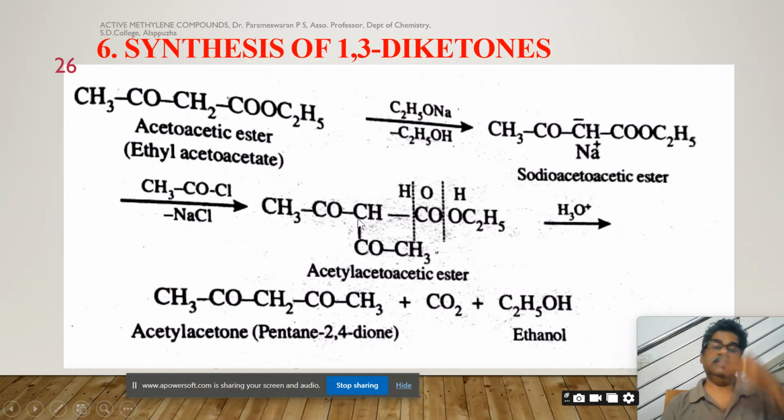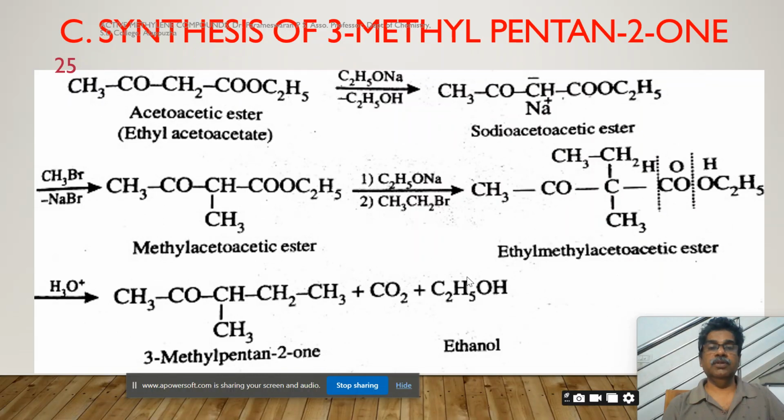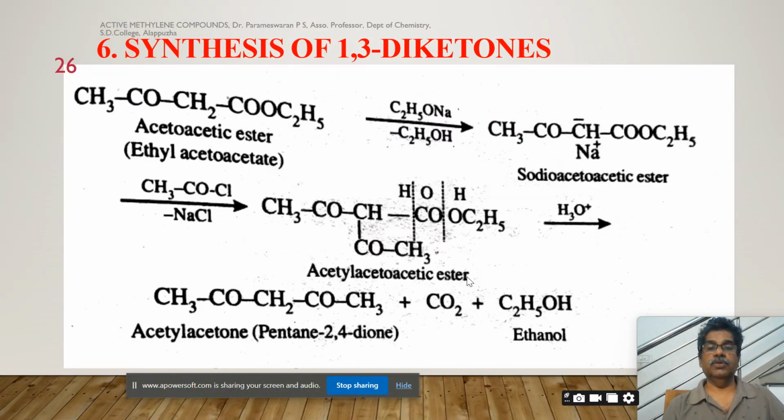See here the CH is connected to CO CH3. When it undergoes ketonic hydrolysis, this is acetic ester, and after the hydrolysis this is converted to CH3CO CH2, then the introduced part CO CH3.